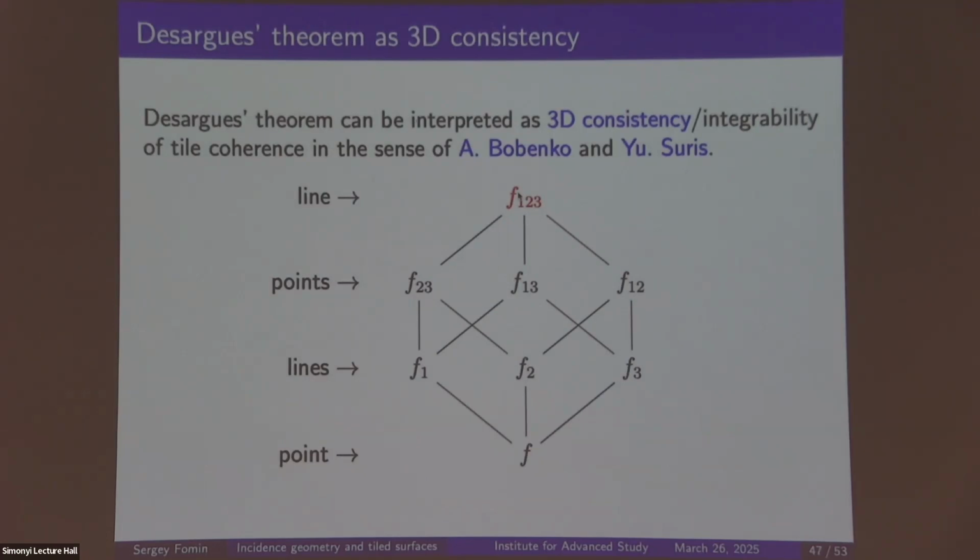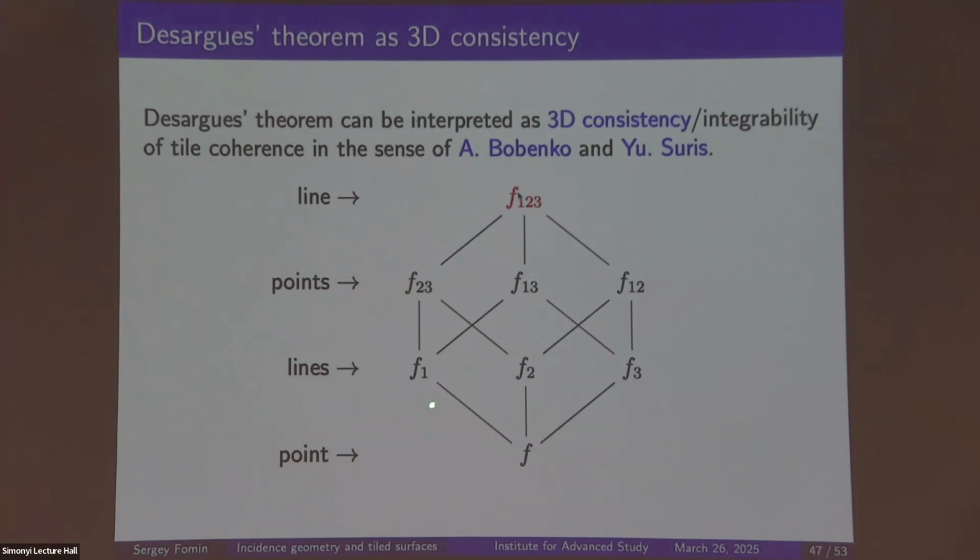Okay, let me switch gears now and talk a little bit about integrable systems. That's another connection. So we can interpret Desargues' theorem as a 3D consistency condition in the following way. If we have a point, three lines, and three points, right?